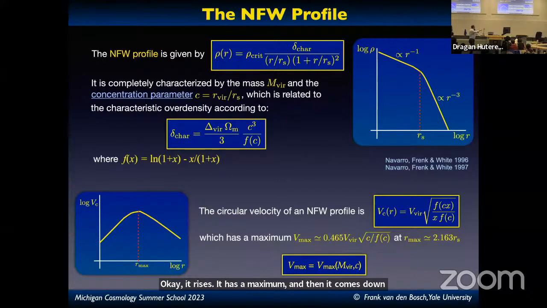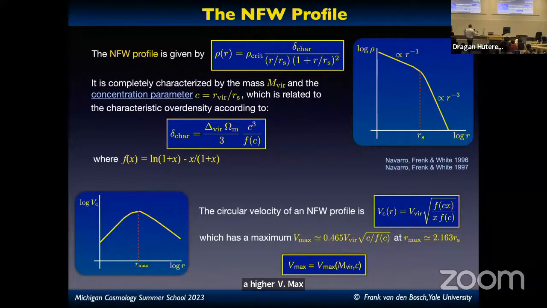And Vmax is defined as the circular velocity at that maximum. Okay? Sometimes people quantify halos by Vmax. Now, remember that Vmax is a function of both the halo mass and the concentration. This will become more important tomorrow. Okay? So a halo of a given mass that is more concentrated will have a higher Vmax.